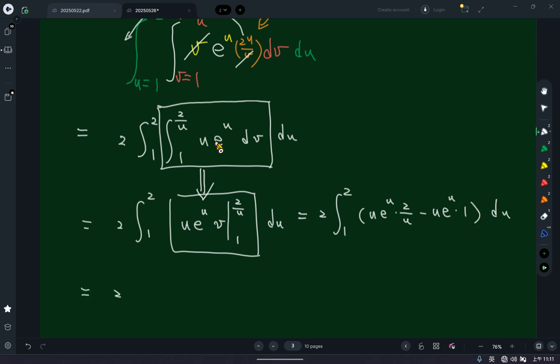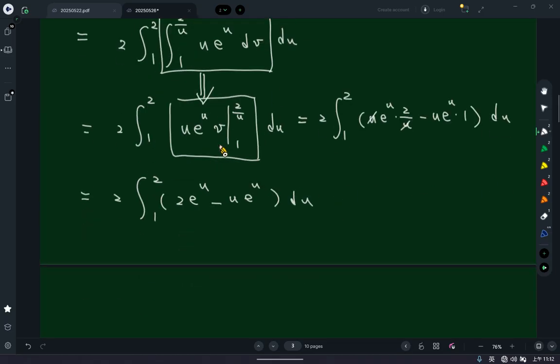So the integration form will become 2 times e to the power of u minus u e to the power of u, then du. So you can regard this as 2 minus u times e to the power of u du.